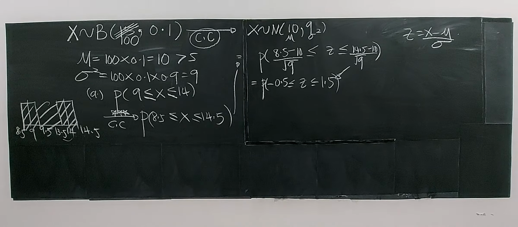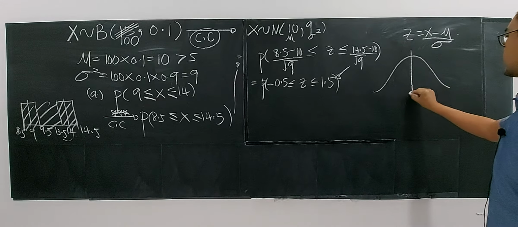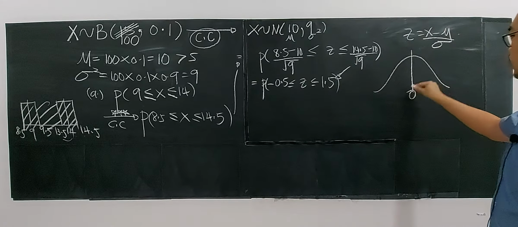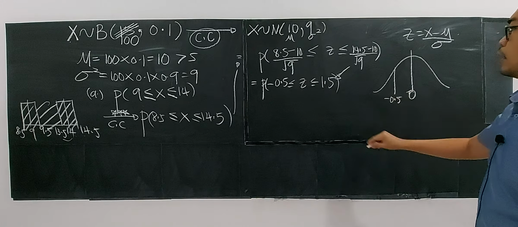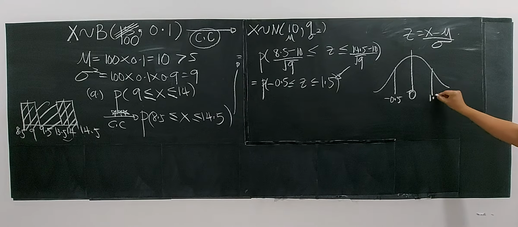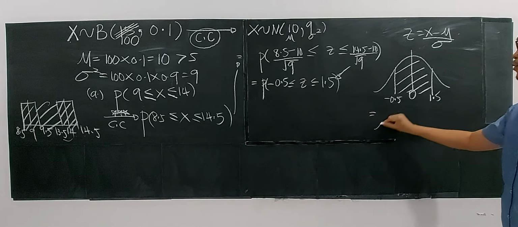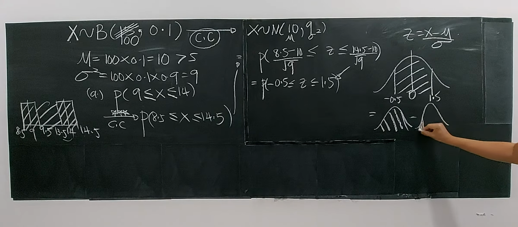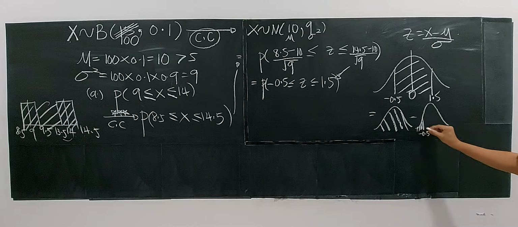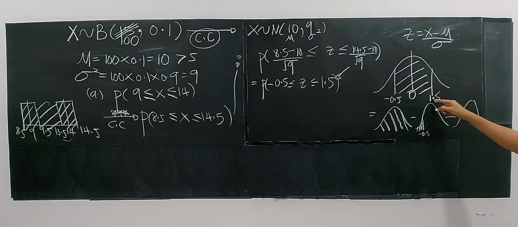You have already become an expert at evaluating this. So you know that for this standard score distribution Z, the mean will be 0. So negative 0.5 is here, and another one, 1.5, is here. In between is this region. So it's the same as everything minus away a little bit on the left, which is negative 0.5, and minus away the region on the right, 1.5.